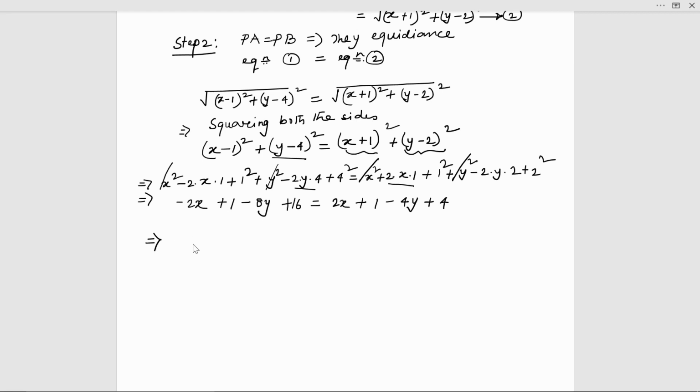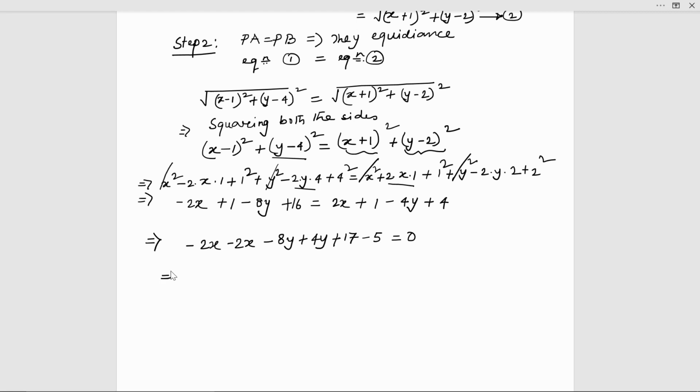It is minus 2x minus 2x, minus 8y, and this minus 4y will become plus 4y when I take it to the left hand side, and 16 plus 1 is 17, and this 4 and 1 gives 5, which will go here as minus 5, and this becomes equal to 0.